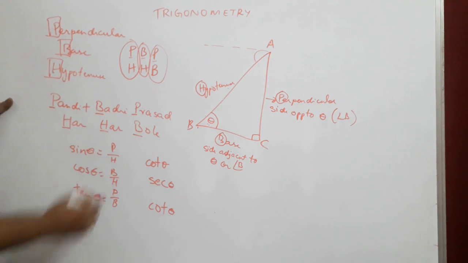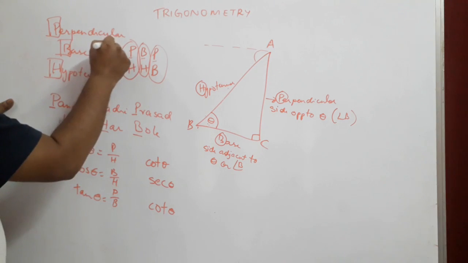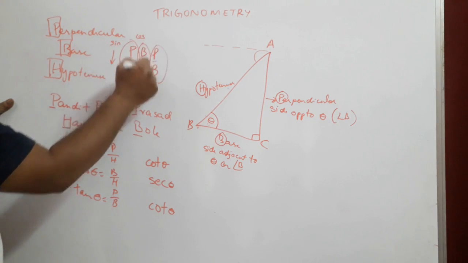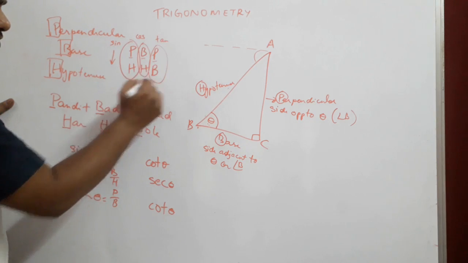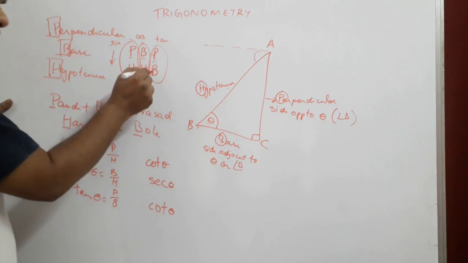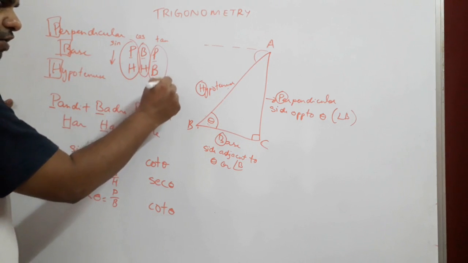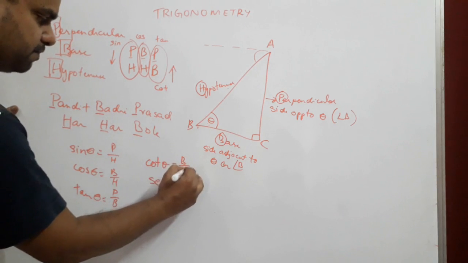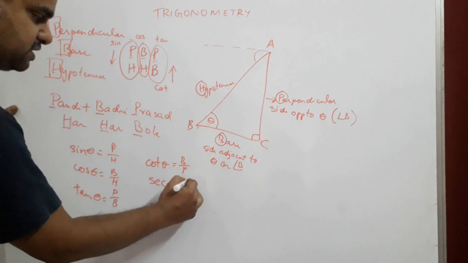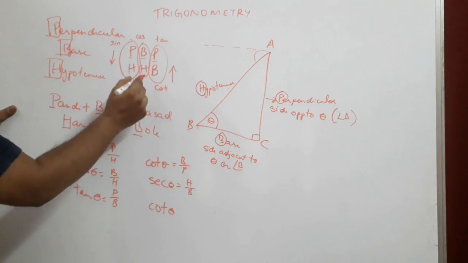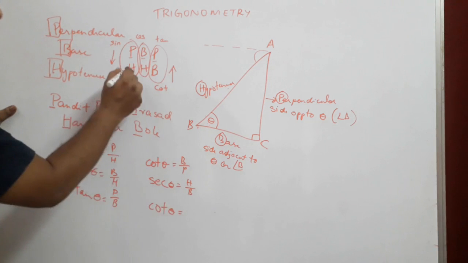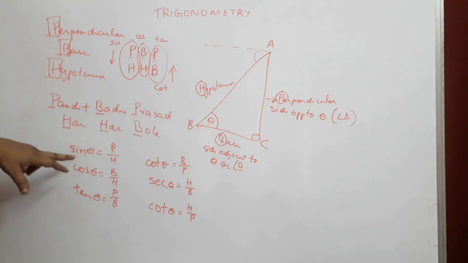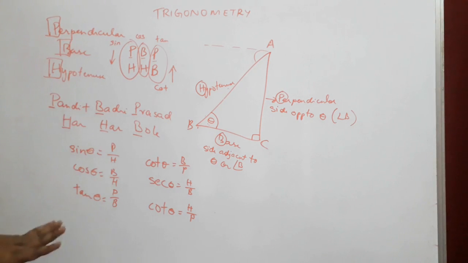Just keep writing. So this is sine when we read it from top to bottom. This is cos again when we read it top to bottom, and this is tan when we read it top to bottom. Now, if we read it bottom to top, we'll get our cot. So cot theta will be B upon P, sec will be H upon B. Just go the reverse way that you came, and cosec will be H upon P. Once again we'll go through, and don't get confused at this moment.